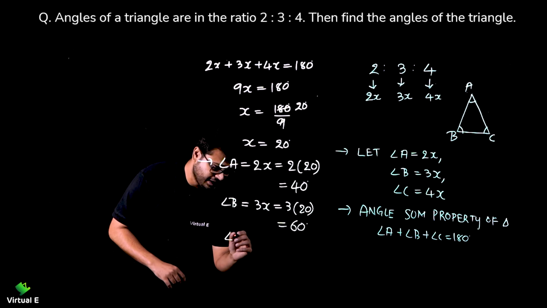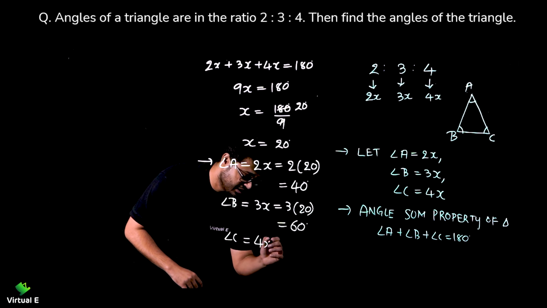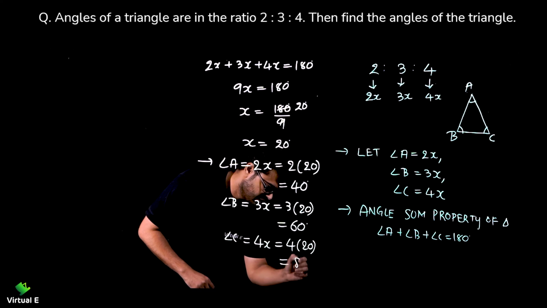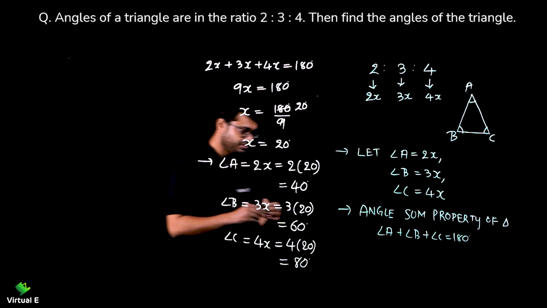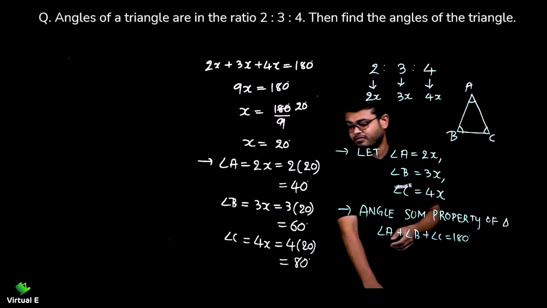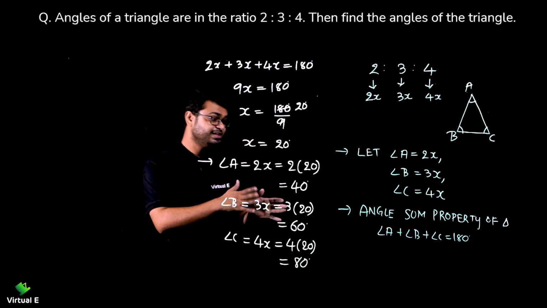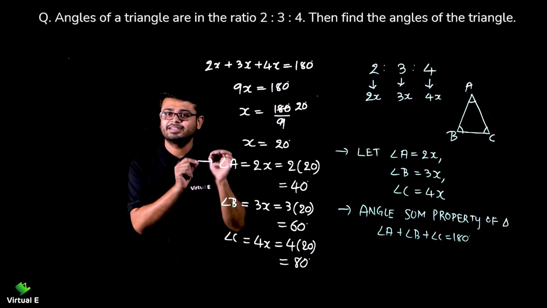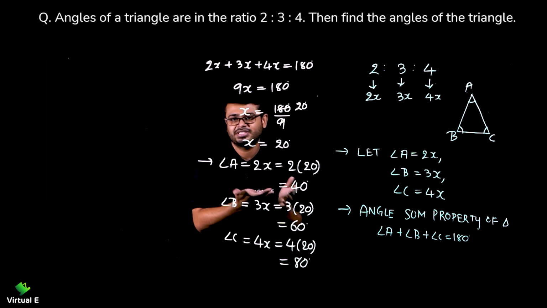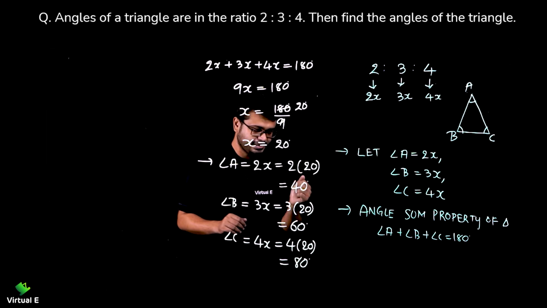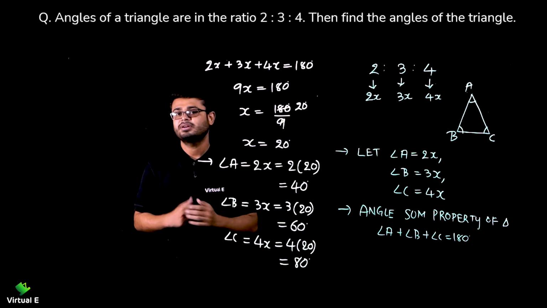Then finally angle C, that is 4x, so 4 multiplied by 20, that is 80 degree. So these are the three angles: 40 degree, 60 degree and 80 degree. You can add them as well and check that you are actually getting 180 degree or not. We can identify the mistake. That's the basic idea. 6 and 4 makes 10, and 10 and 8, 18, then 0 extra, so 180 degree.